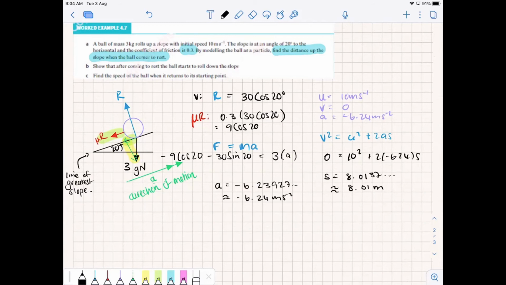Do we need to change anything on our diagram to prove that?